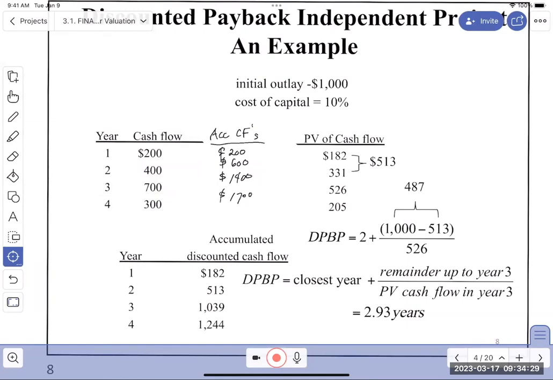So those are the accumulated cash flows. At what point do we see that we've made $1,000? Somewhere in here is the payback period, between the second and the third year.